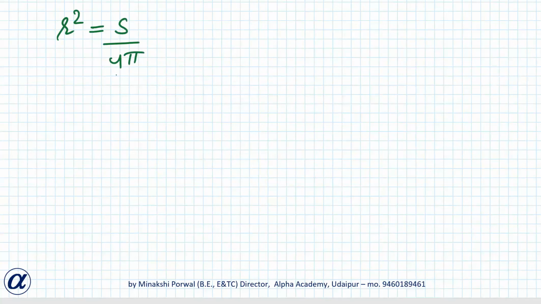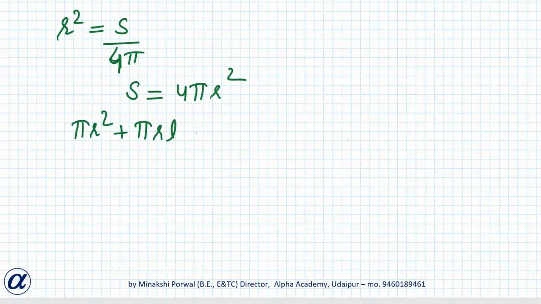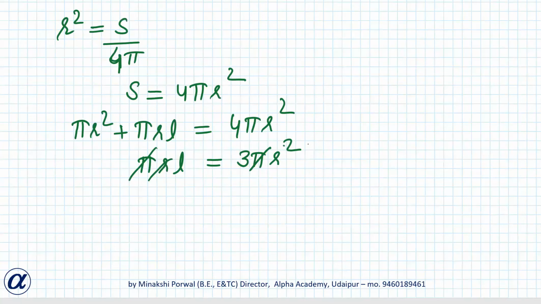Okay. Now s equals 4 pi r square, and s is pi r square plus pi r l, which is equal to 4 pi r square, or pi r l equals 3 pi r square. Pi and pi cancel, r and r cancel, so l equals 3r.